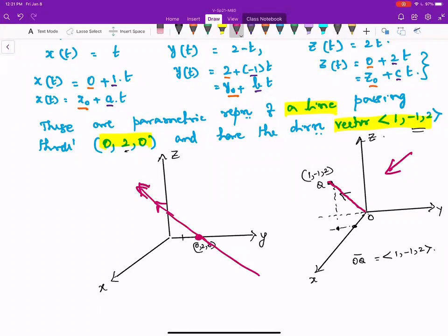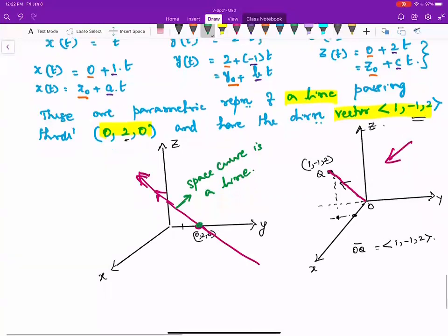So the space curve is a line in this case, as shown in this graph. So in order to do the direction vector, you draw the position vector, and then make sure your line passes through this point in the direction parallel to that position vector OQ. Hope this video helps.